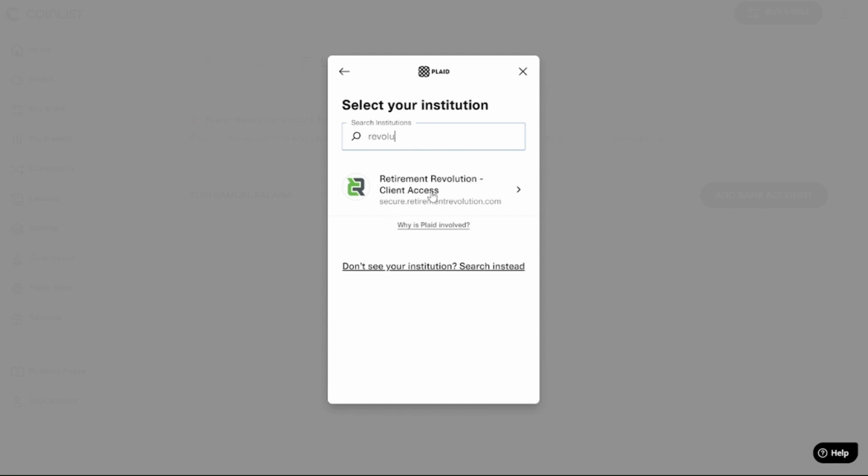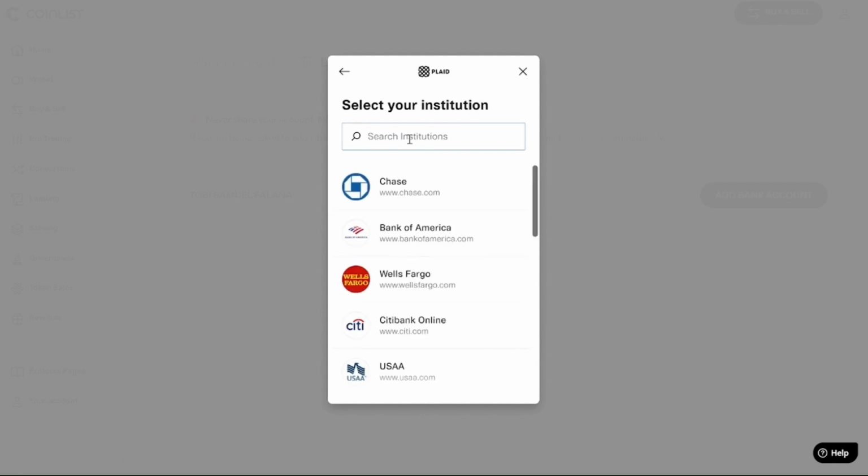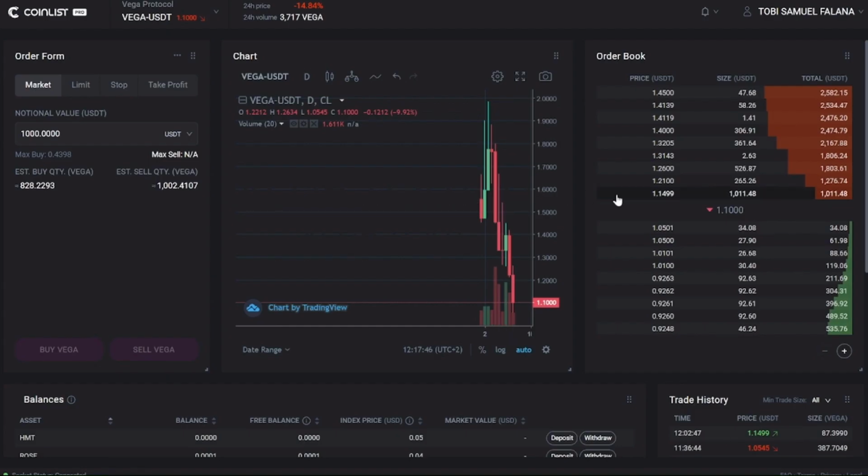I don't have this account. So mind you, if you are someone living in the US who has a Revolut account, or you have a Bank of America account, or you have a Citibank account, you'll be able to take advantage of this arbitrage.